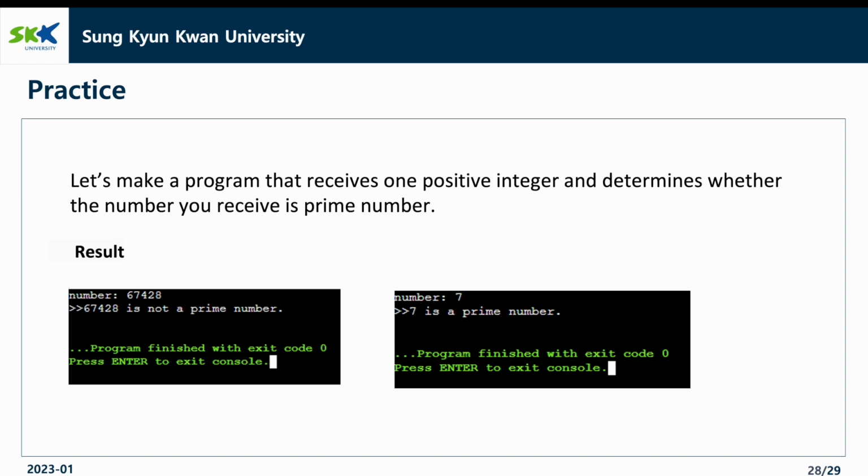Let's make a program that receives one positive integer and determines whether the number you receive is prime number. For example, 67, 428 is not a prime number and 7 is a prime number. Stop the video for a moment and take plenty of time to figure it out.